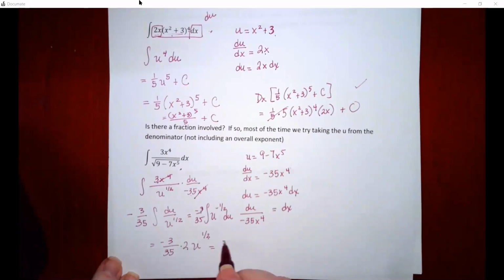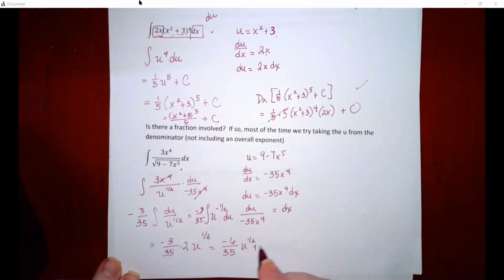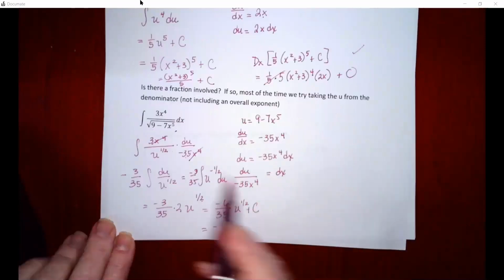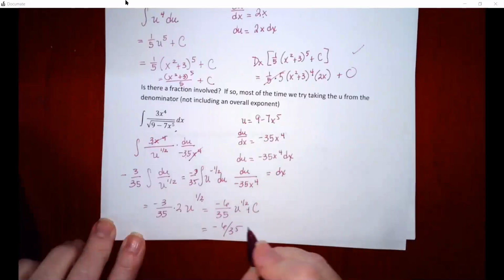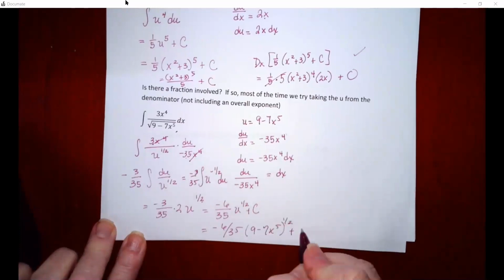So that would be negative 6 over 35 times u to the 1/2 plus c, or negative 6 over 35 times 9 minus 7x to the 5th, to the 1/2 plus c.